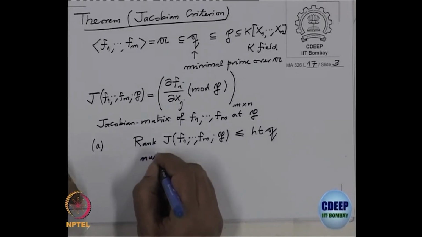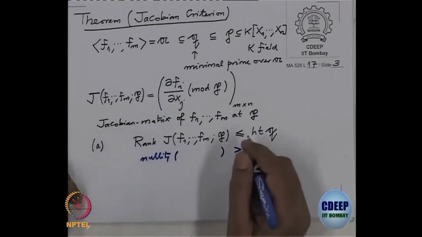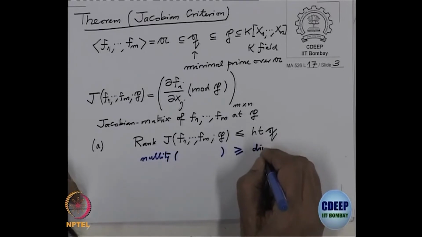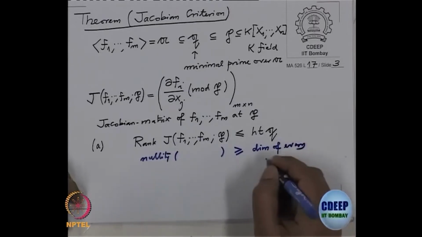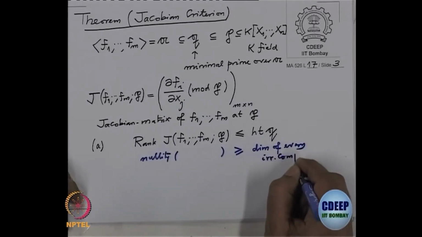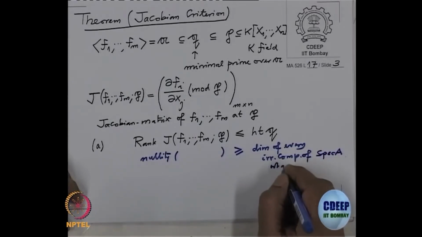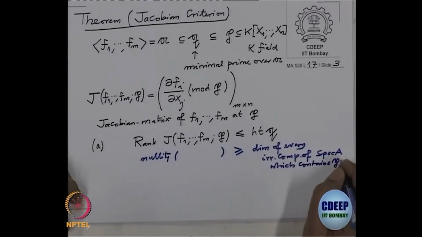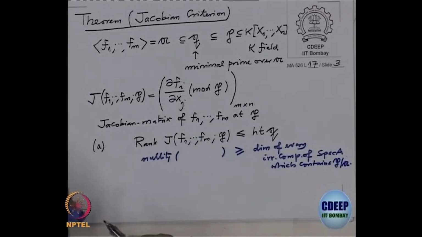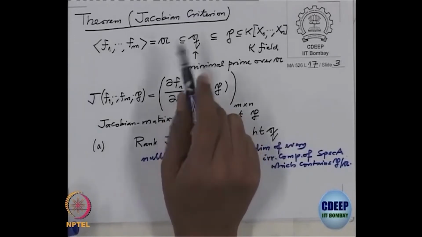So if you use nullity, then the inequality will get reversed. So nullity of this will be bigger or equal to the dimension of every irreducible component of Spec A which contains this point P by A. Remember, this Q is not only one, there may be many Qs, and we are making this statement.